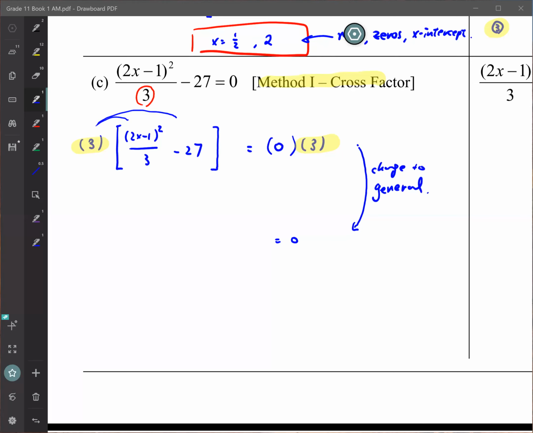Does anyone have questions? Please raise your hand when you have the general form.